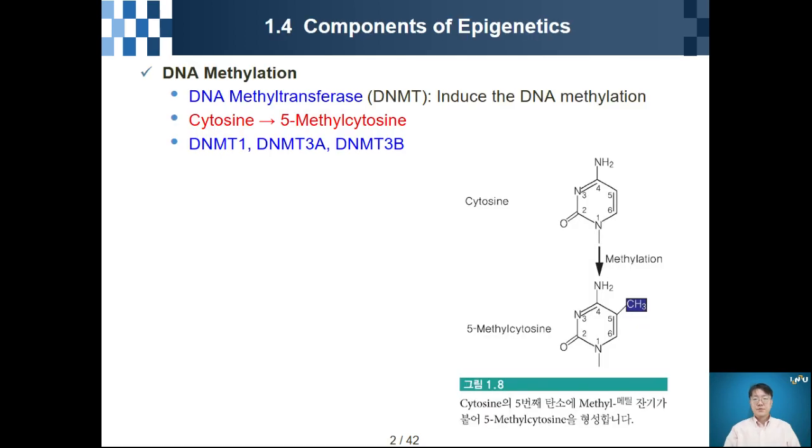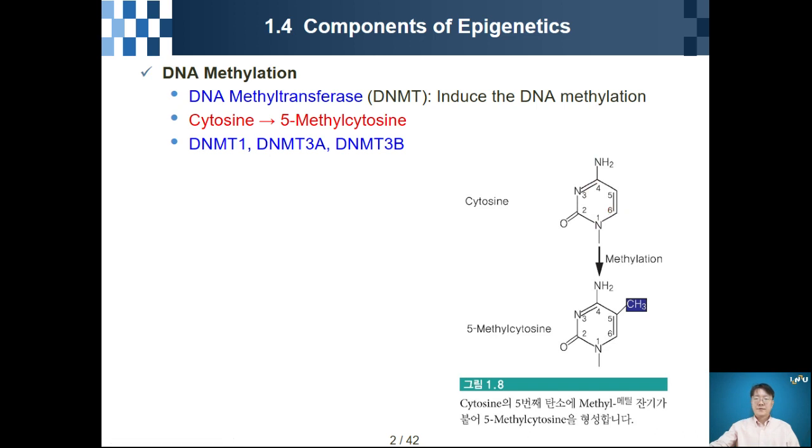So in Chapter 1, we learned the concept of DNA methylation. In this slide, I will go over DNA methylation again. DNA methyltransferase DNMT induces methylation at cytosine. This is cytosine, and this is the first, second, third, fourth, fifth, and sixth location.